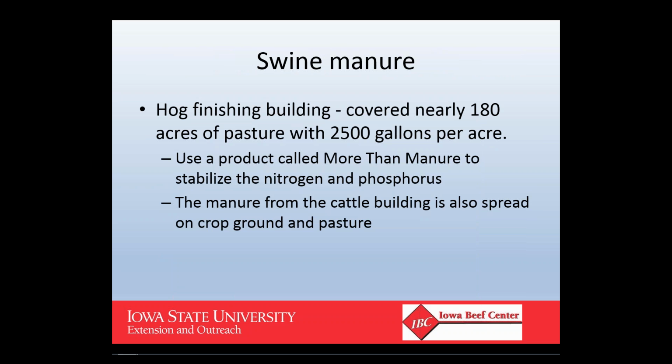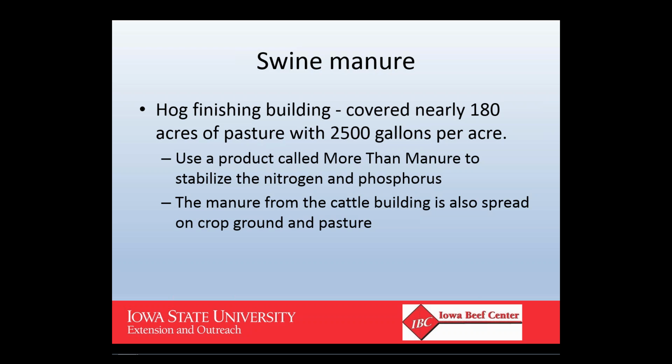The next slide is talking about our application of our hog manure on our pastures. We use a product called More Than Manure to help stabilize the nitrogen and the phosphorus. We pump our building in the spring, typically somewhere around the first week of April, depending on the weather and the rain and everything like that.